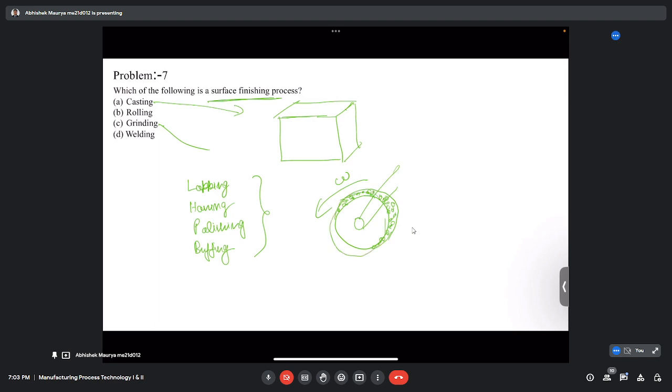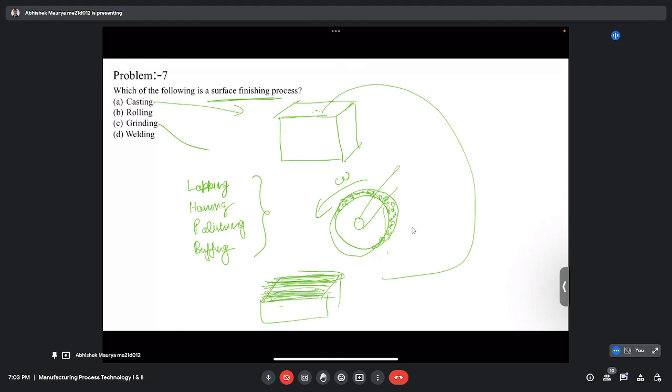So this keeps on rotating. And suppose we try to improve the surface finish of this component, what will we do? We will bring this component like here and we will move this grinding wheel over this surface one by one. After many passes, we can see the surface finish of this component will get improved.